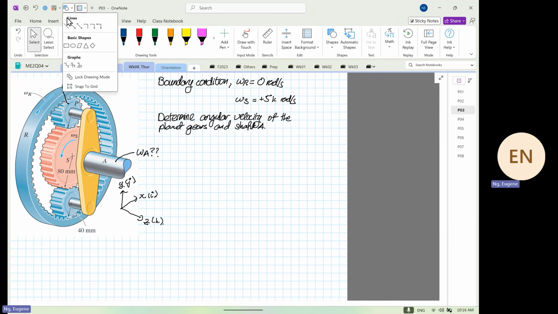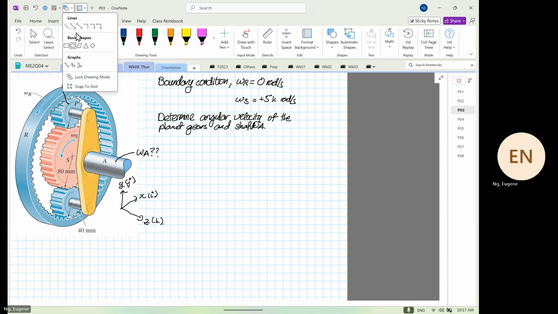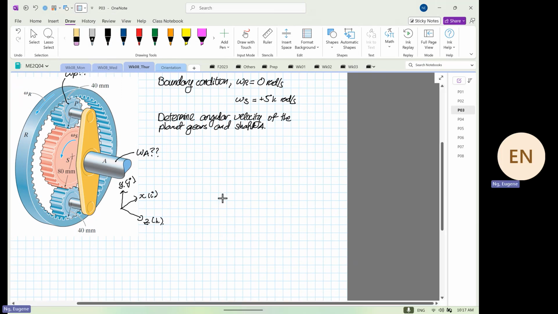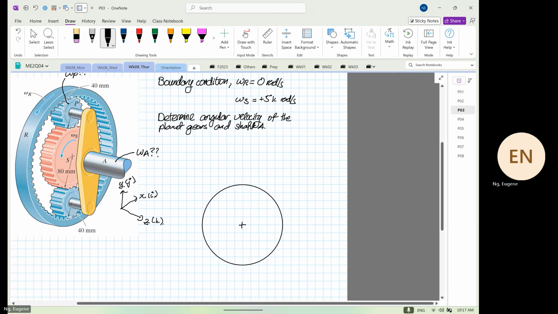So we are going to focus now on... Okay. So this is the center. So over here, this is our sun gear. Okay.